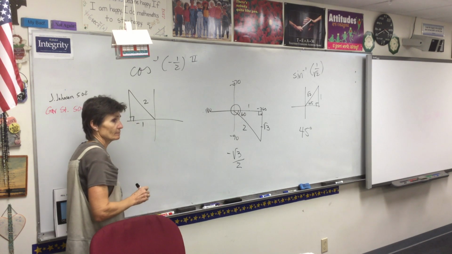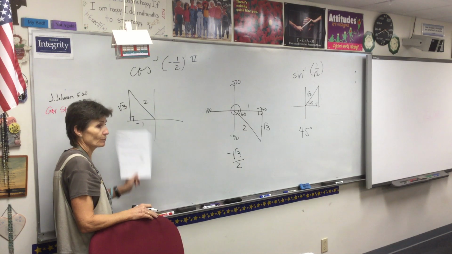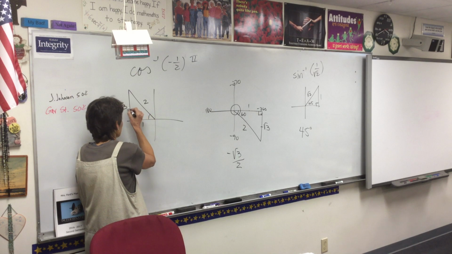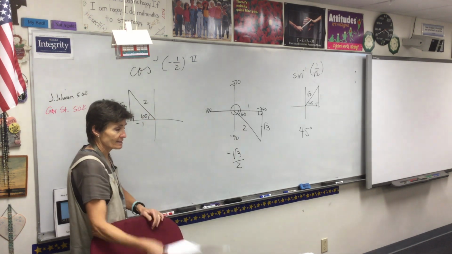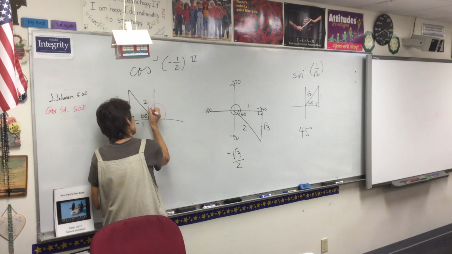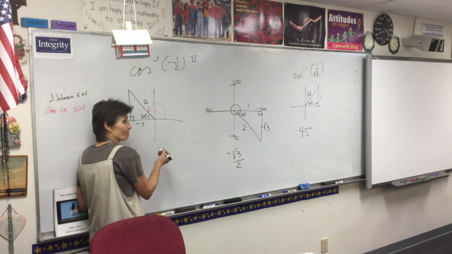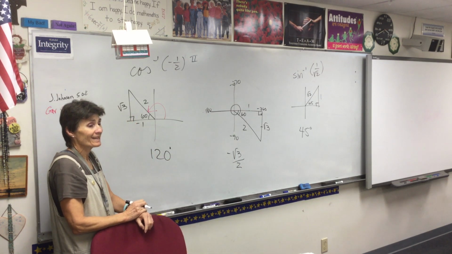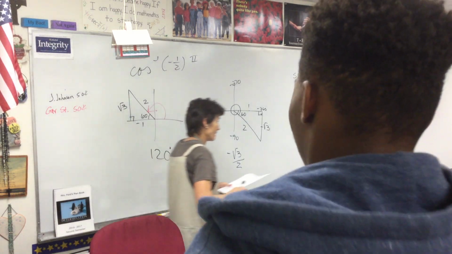Root 3? That's not a root 2. That's a 2. So 1, 2, root 3. How big is this angle since it's across from the root 3? 60. Do not put 60 down as the answer, people. The answer is this, which would be 120. How do we get 120? 180 minus 60. All right, I will see you tomorrow.